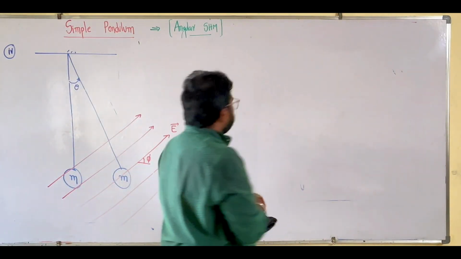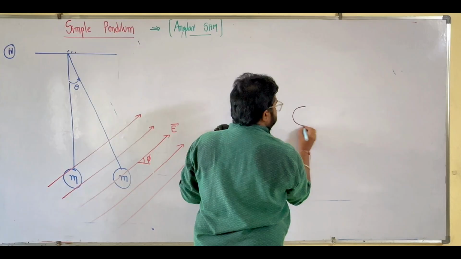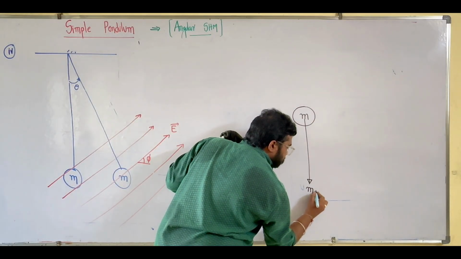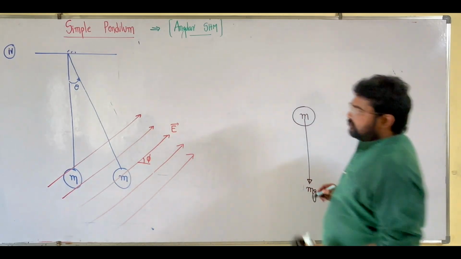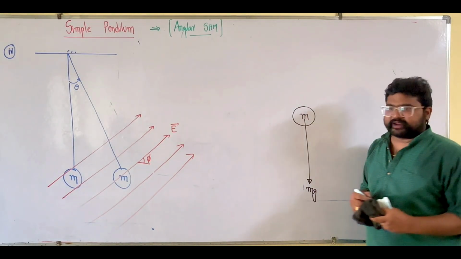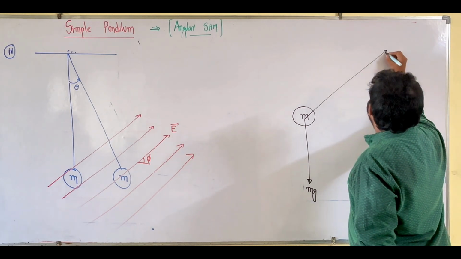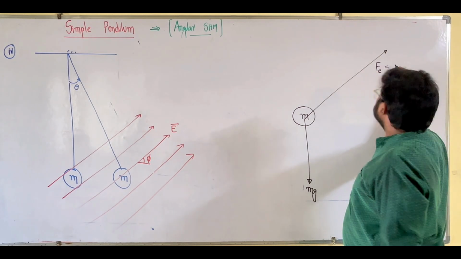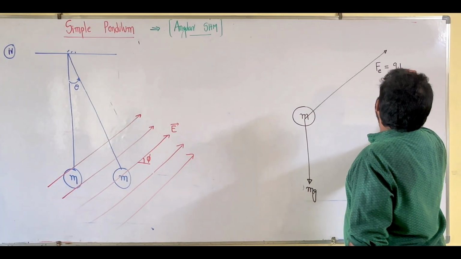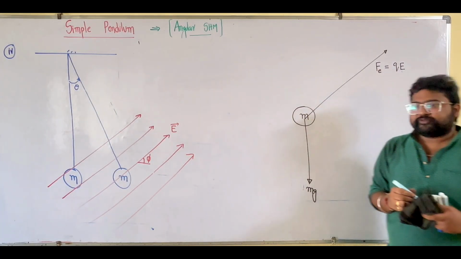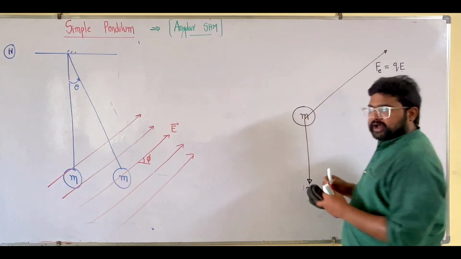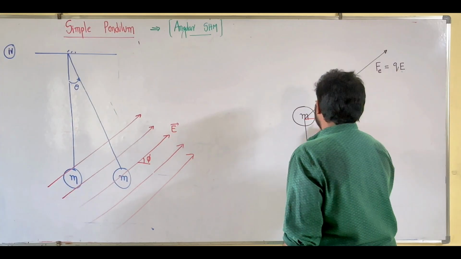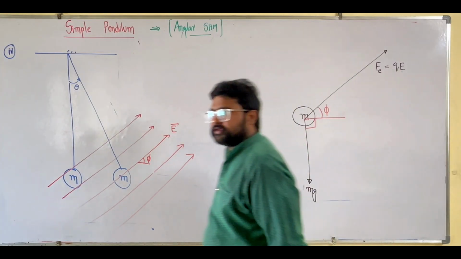Now, how do we draw this figure? This is mass m. Weight always acts vertically downward. Electrostatic force F equals QE. So now tell me, this angle is phi and this is 90.